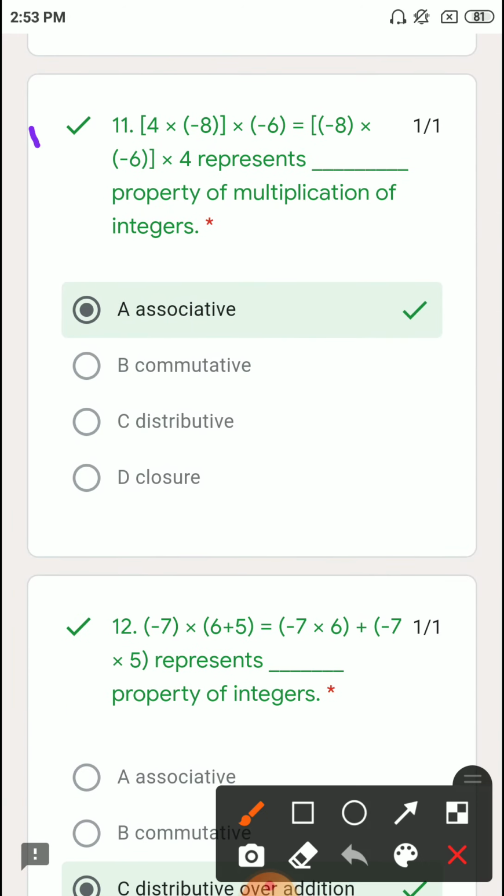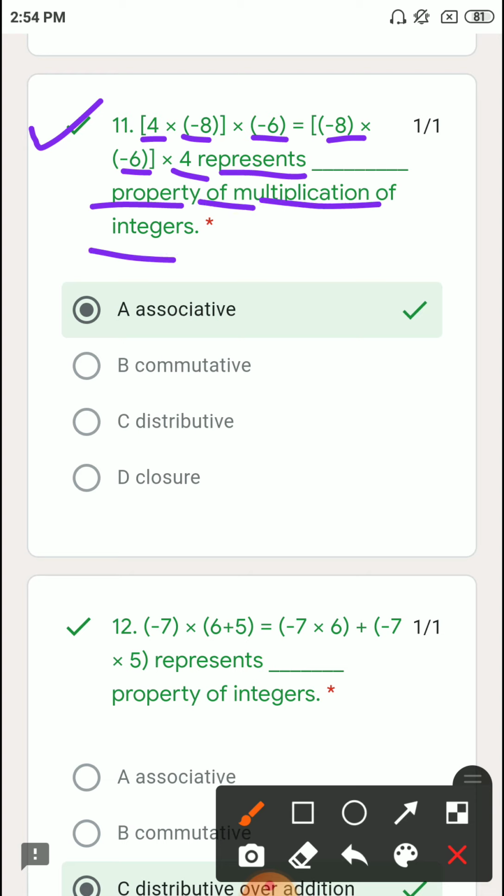After that, question number 11. Here, a total of 3 numbers are there on both sides of the equality sign. Okay, in big bracket 4 multiply minus 8, multiply minus 6. Now here, in big bracket minus 8 multiply minus 6, multiply 4, represents which property of multiplication of integers. Okay, we need to write the name of the property.